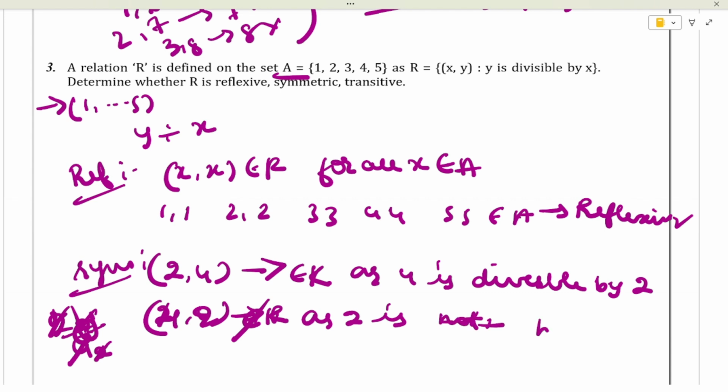This is how you show that it is not symmetric.